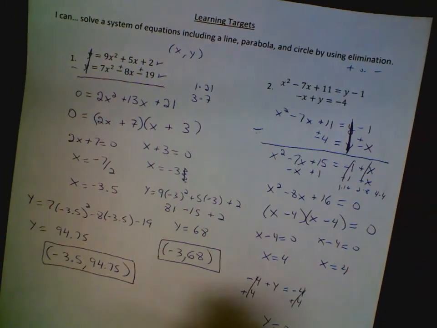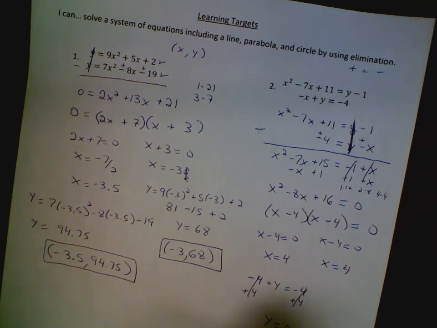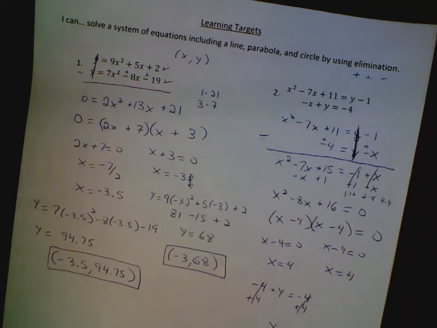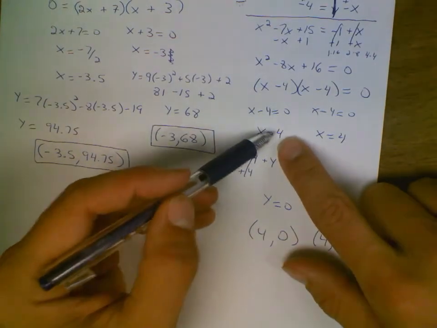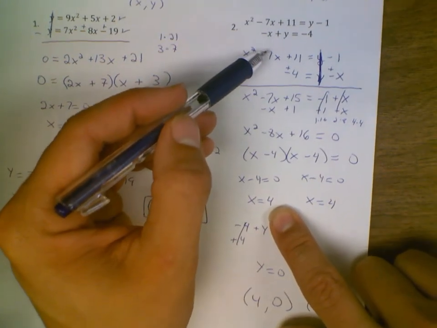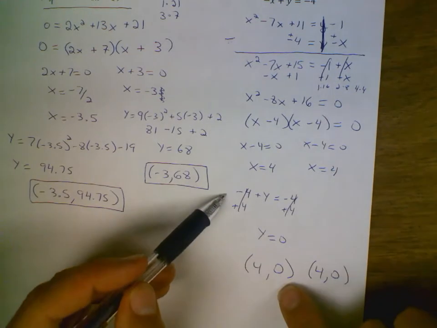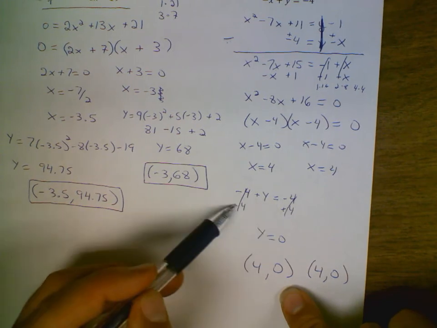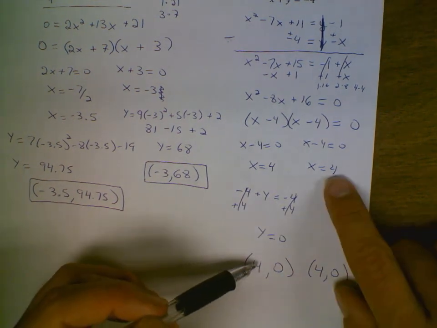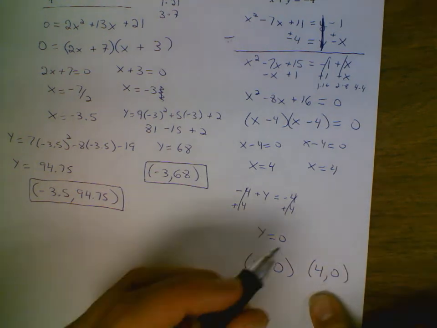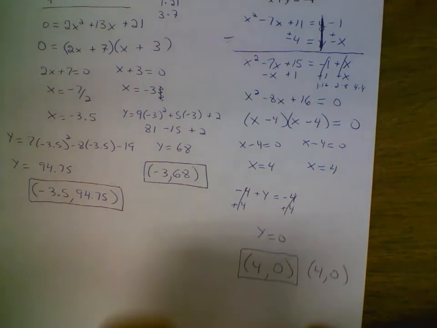So I'm going to get 4, 0. And I actually get that same point if I plug in the other 4. So if I plug 4 into the equation up here, you end up with negative 4 plus y equals negative 4. Add 4 to both sides, you get y equals 0. And then once again, if I plug the other 4 in, I get the same thing. So my solution here is the point 4, 0.